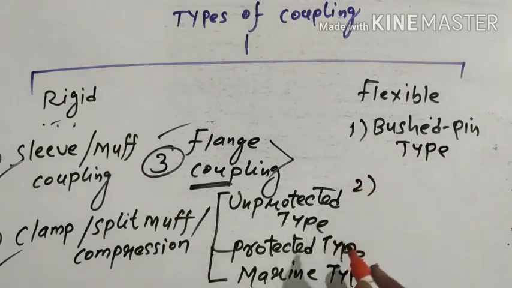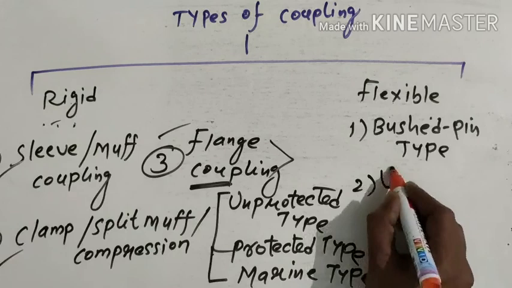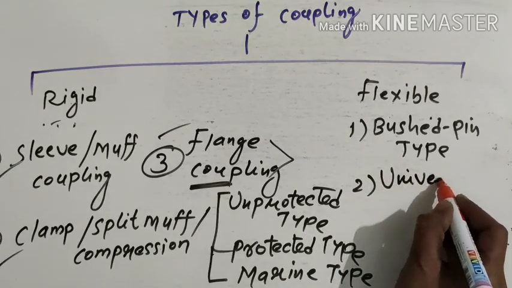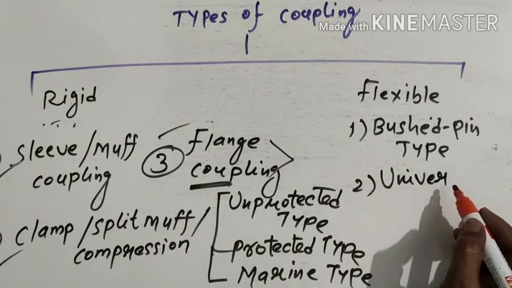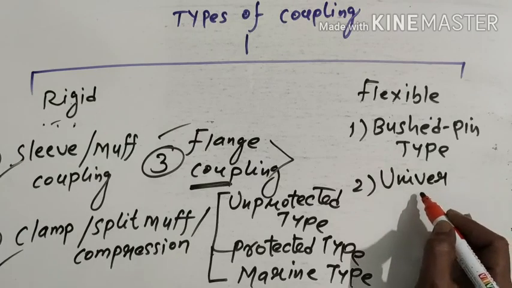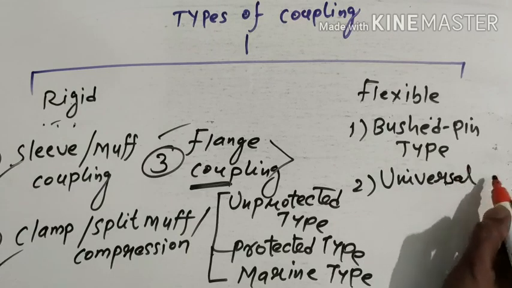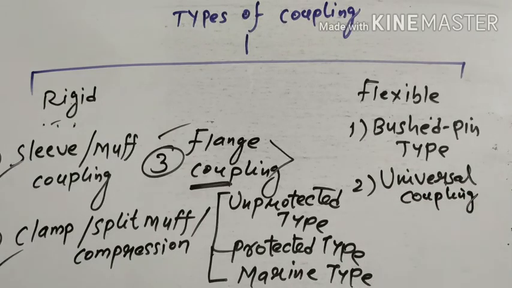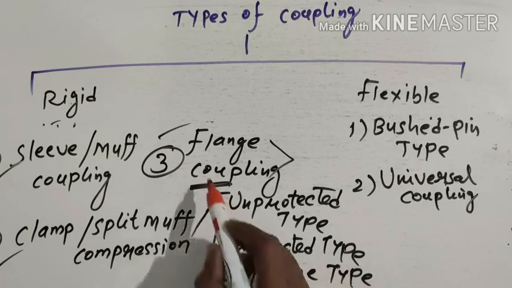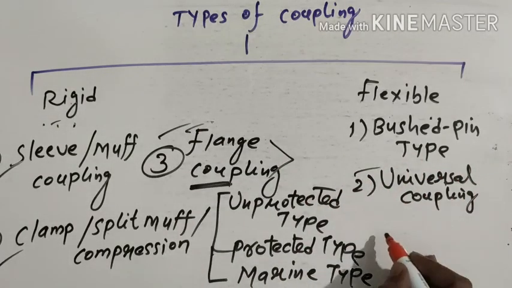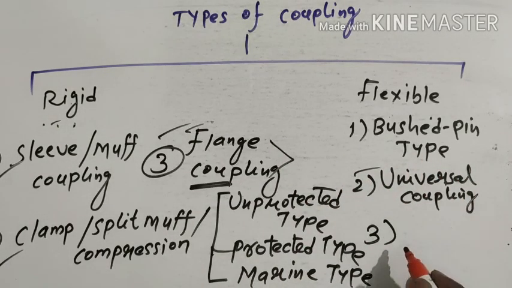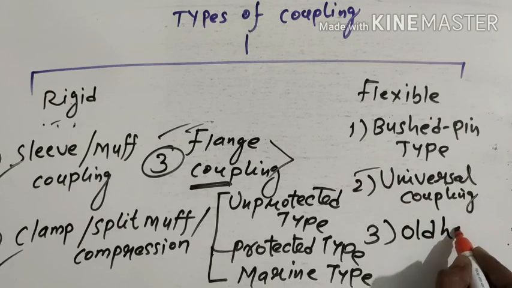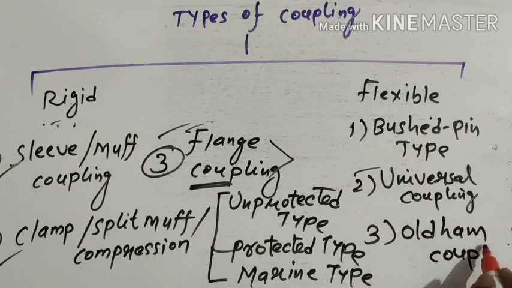The next one is the universal coupling, which connects two shafts which have angular misalignment. This one is very important. And the third one is the Oldham coupling. All these couplings are discussed here.